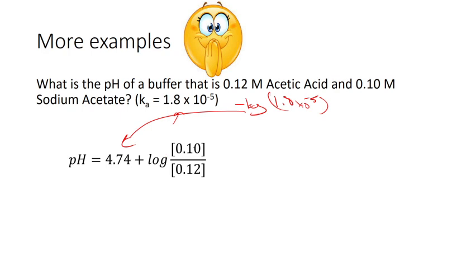And then we take the log of 0.1 divided by 0.12, because it's conjugate base over acid. And we get a pH of 4.66. Great. That's how you calculate the pH of a buffer solution. Pretty simple.